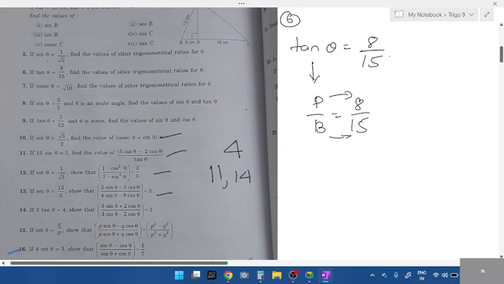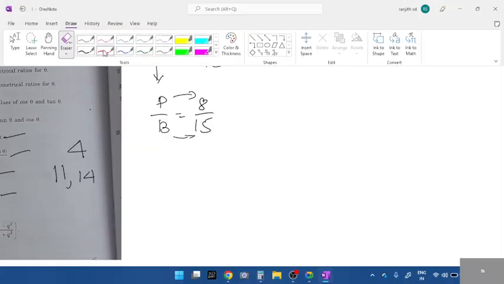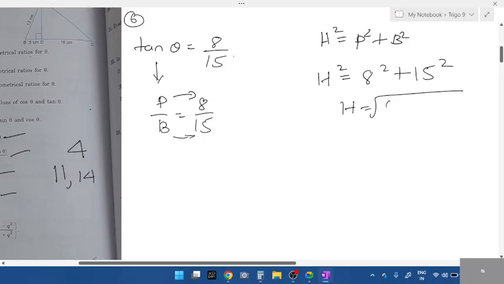Base 15. What is missing? Okay, what's the formula we use? P square plus B square. H square is missing, keep it as it is. H is equal to square root of 64 plus 225.